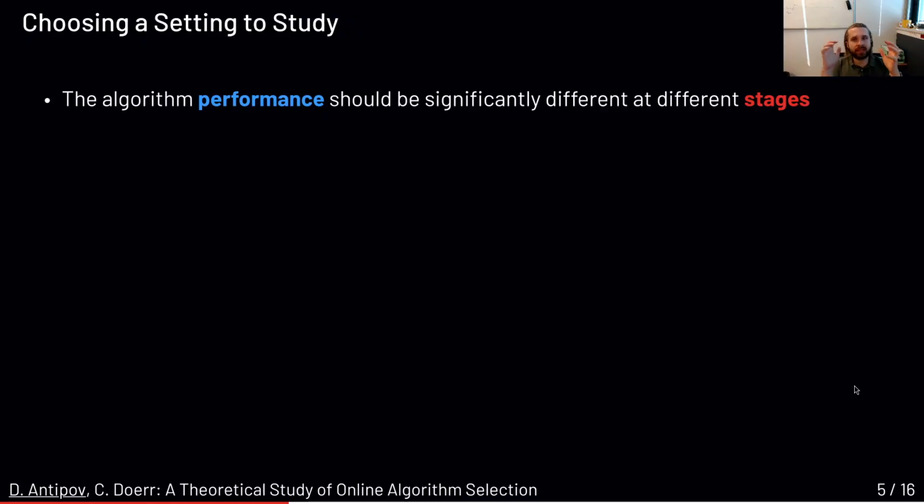So how to choose a setting to study the algorithm? The idea is that the performance of the algorithms in our portfolio between which we switch should be very different at different stages of optimization.